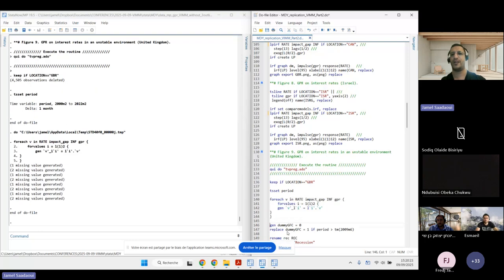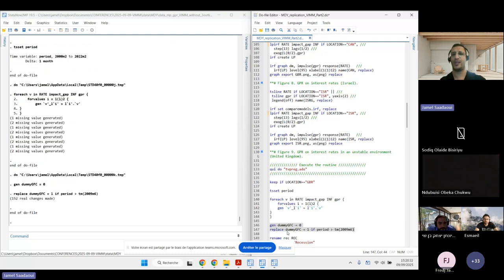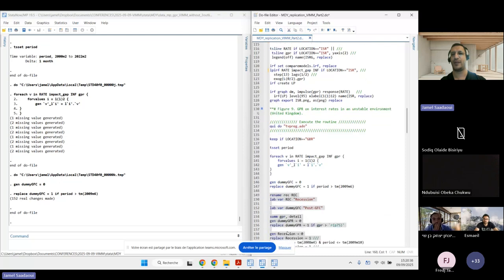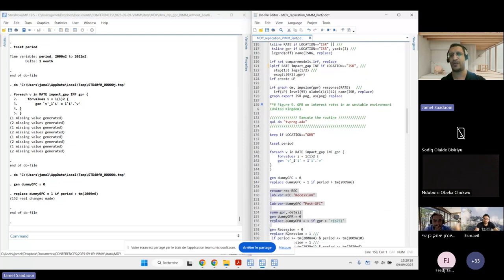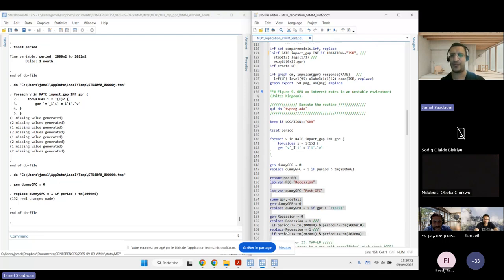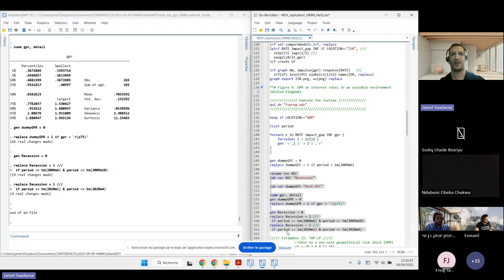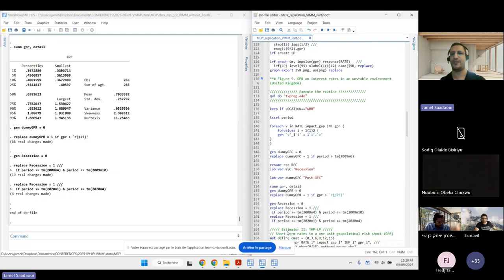I create a dummy after the global financial crisis, and then I rename the dummy if I want. I create a dummy for high geopolitical risk as before. And then I create a dummy for the recession time if I'm interested to see that.